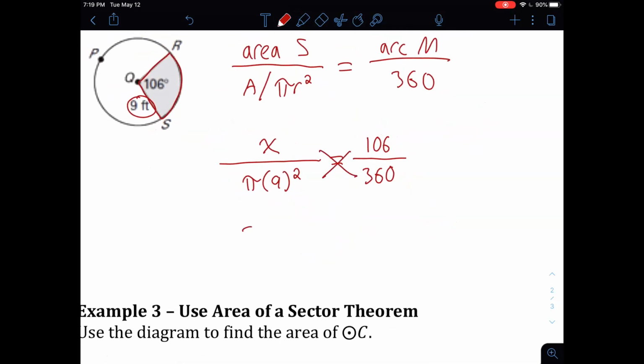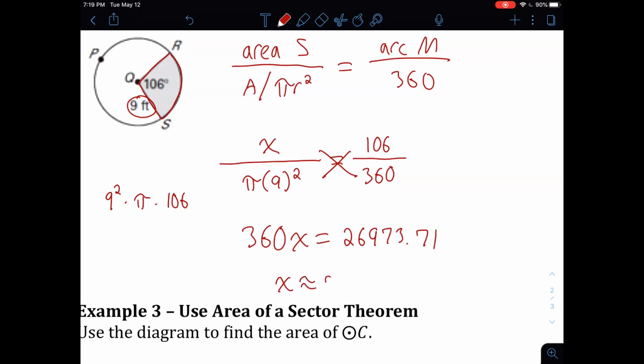Cross multiply. 360x equals, and what I would probably do is 9 squared times pi times 106 to keep things nice and organized, which is approximately 26,973.71 divided by 360, and x is going to be approximately 74.93 feet squared.